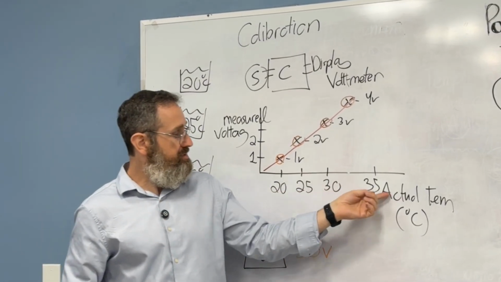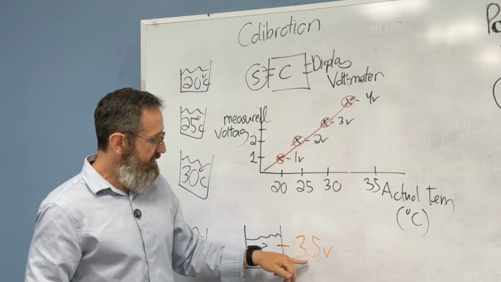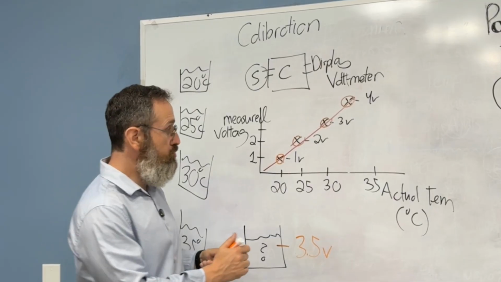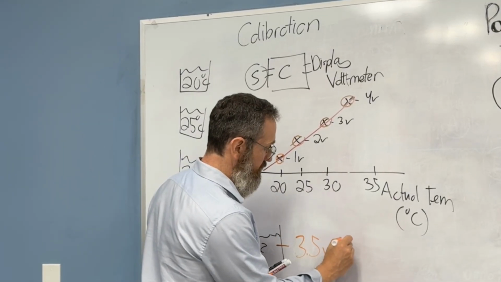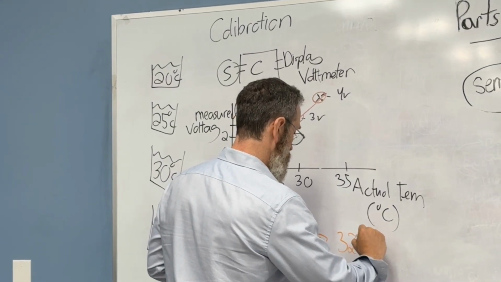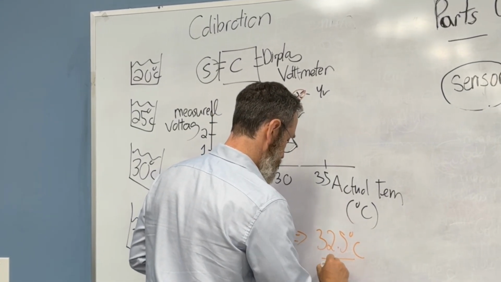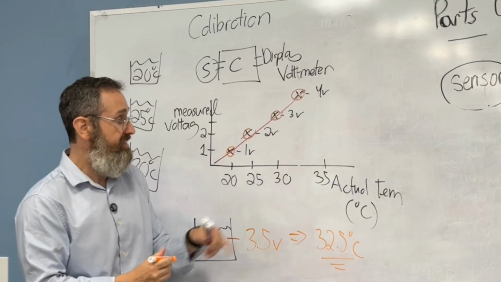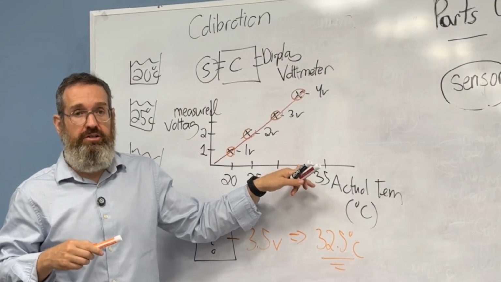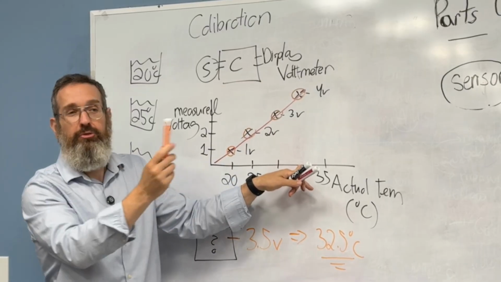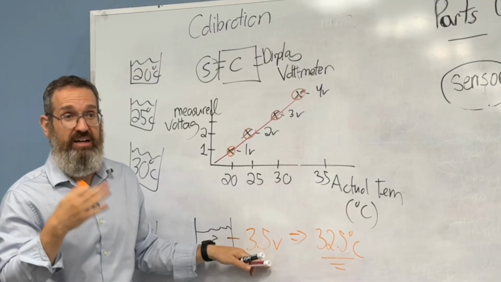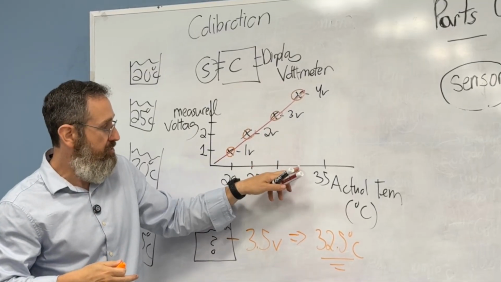When you get 3.5 volts, based on the calibration, you conclude that the temperature is 32.5 degrees C. It's right there. In fact, you've done averaging. You put it back in, 3.5 volts. Take it out, put it back in, it is 3.5 volts. And that corresponds to 32.5.